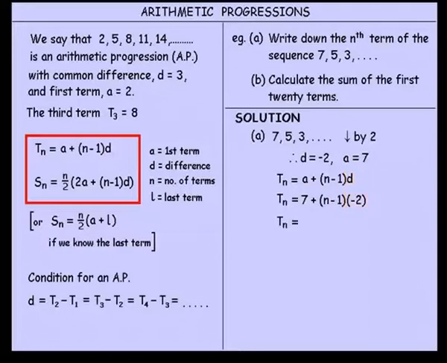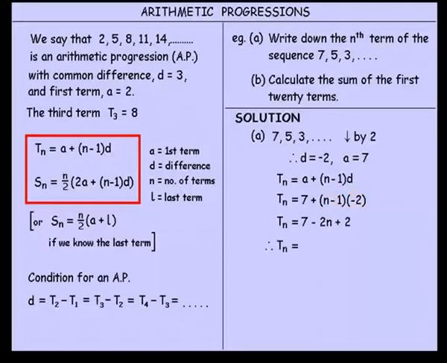So Tn equals, well firstly we have that 7 there, then we need to expand the brackets. Now each term inside the brackets is being multiplied by the negative 2 outside, so one at a time. If we go negative 2 times n, we get minus 2n. The negative 2 times negative 1 will give us positive 2.